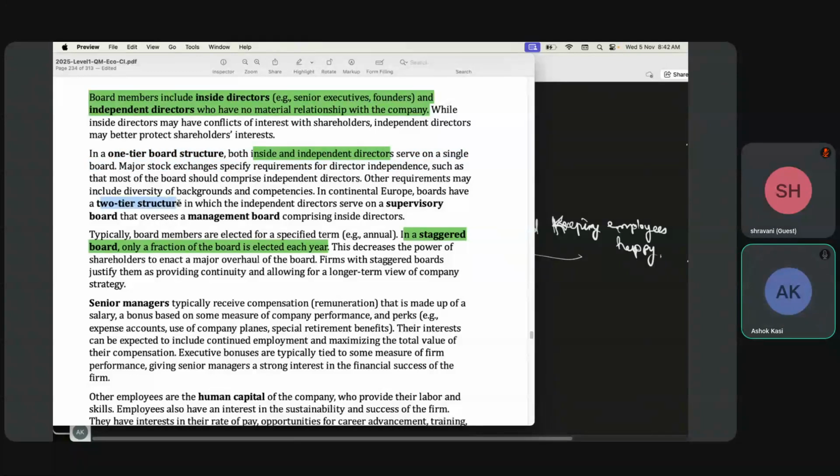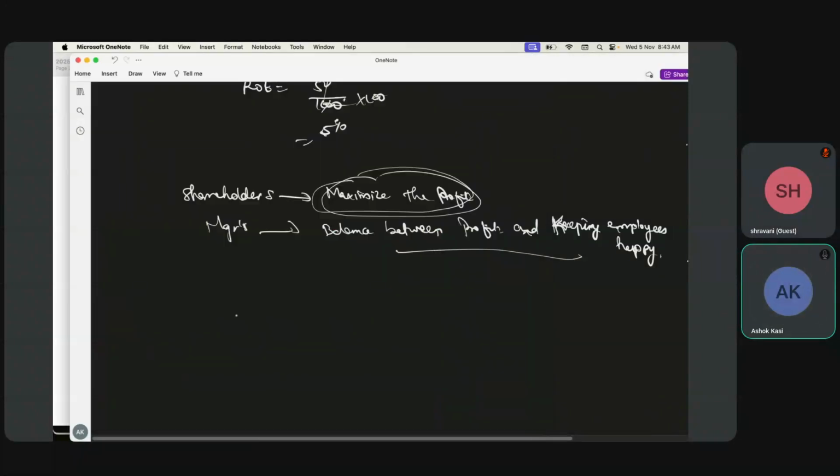Two tier board structure means inside directors will sit first. In Europe, it is done this way.